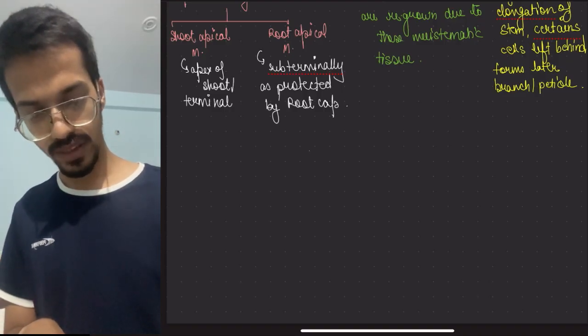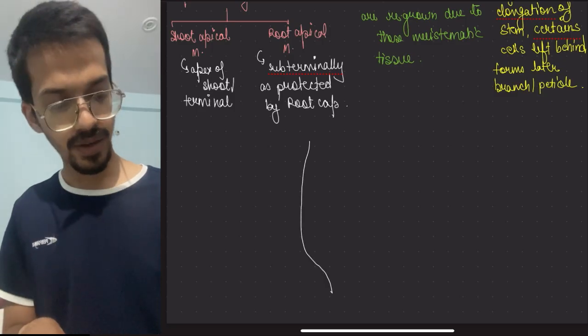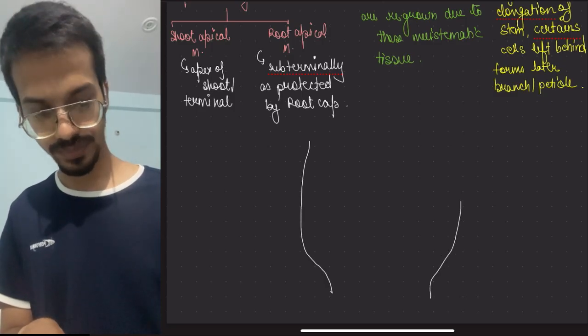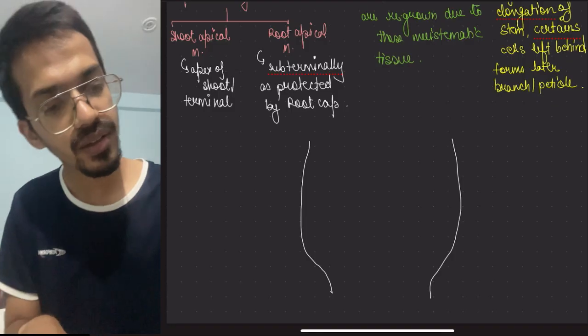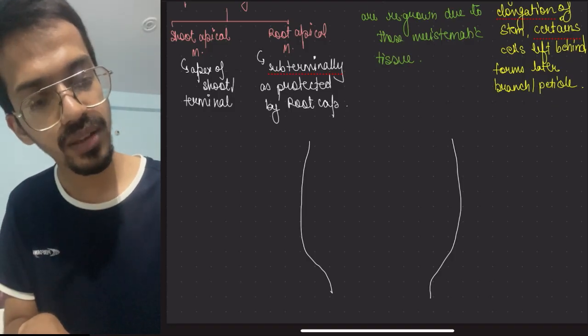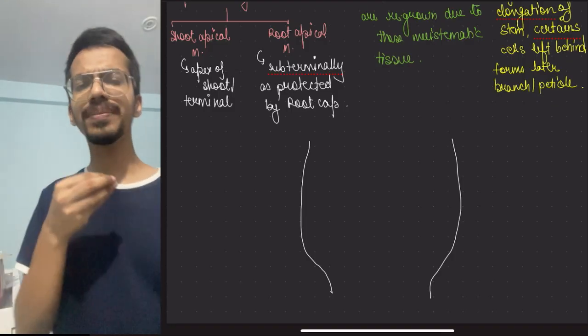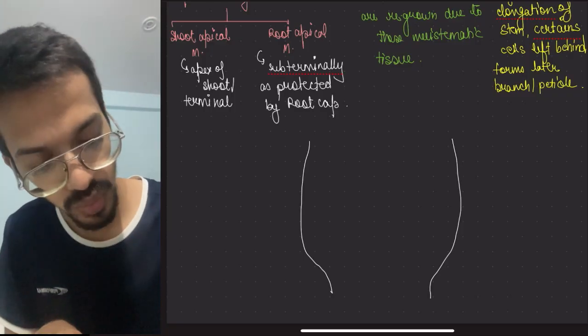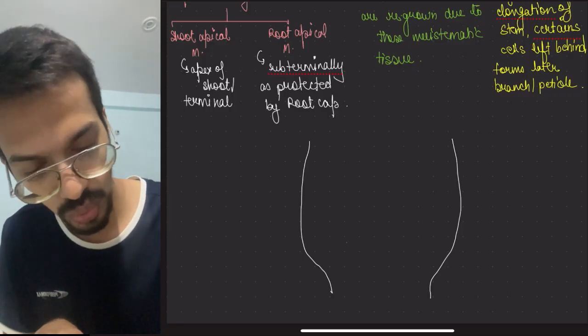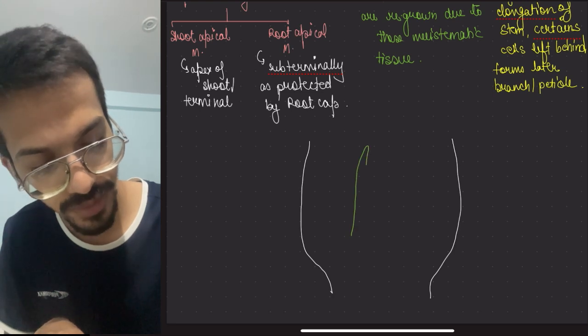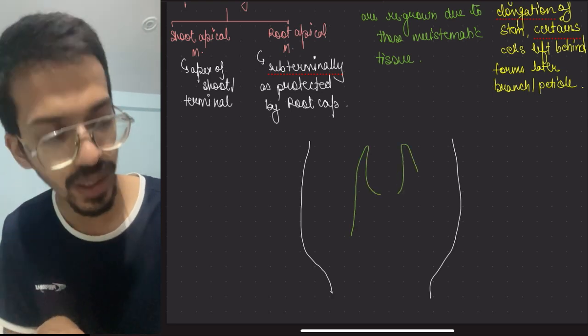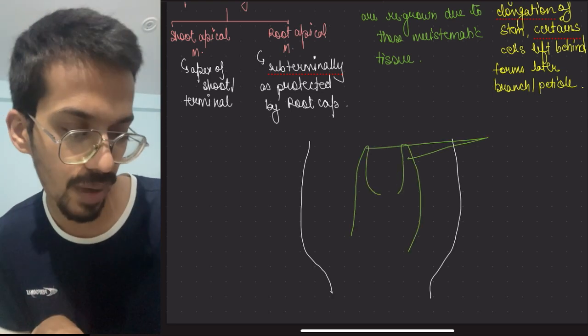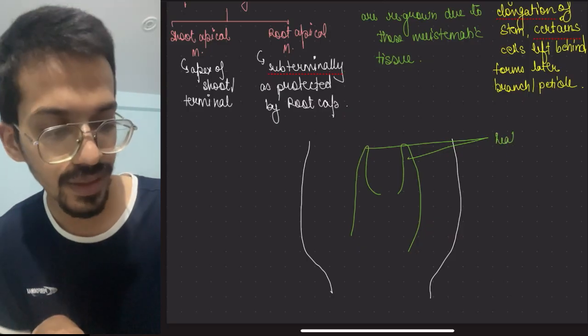We have this part of the shoot, and over here they are growing their leafy part. This is a growth curve of a leaf primordia, the primitive leaf part.